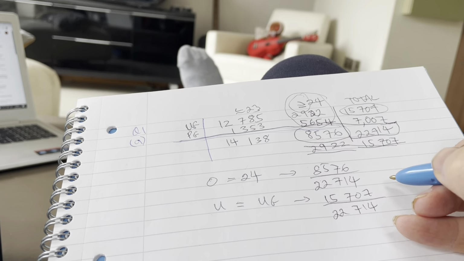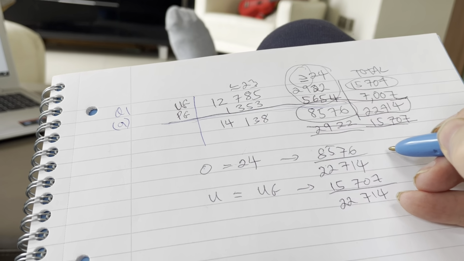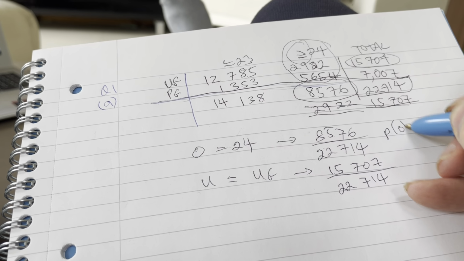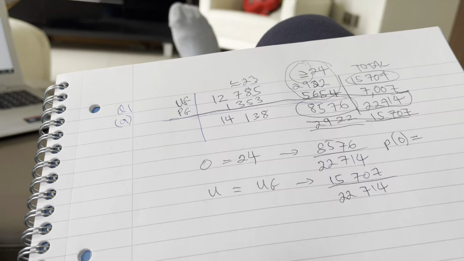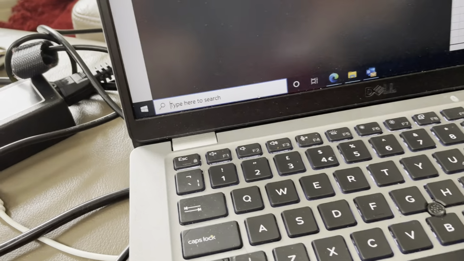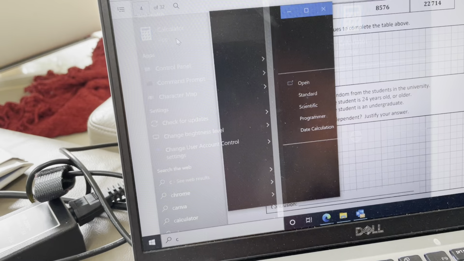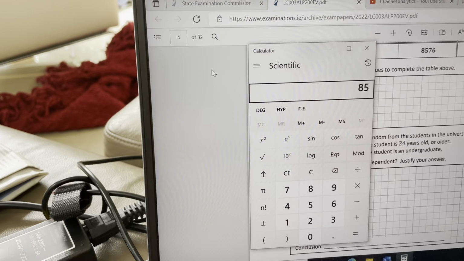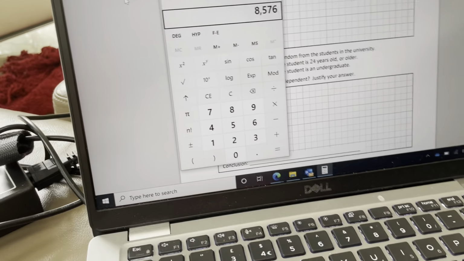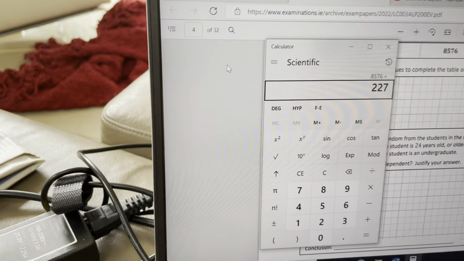So the probability of, are they independent? Okay, so let's just get the probability of them separately. So P of O is equal to 8576 over 22714. Gonna need the dreaded calculator for that one. 8576 divided by 22714.